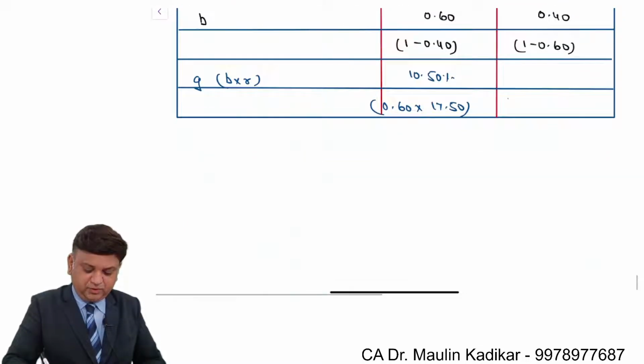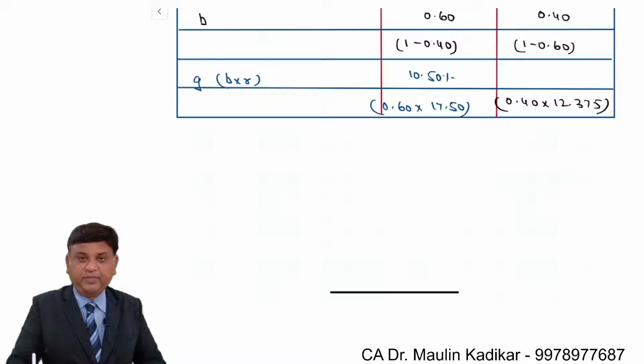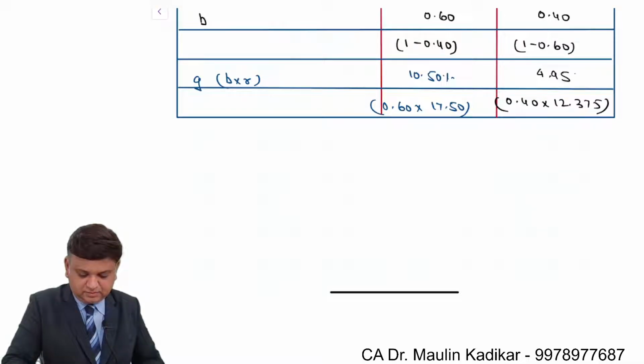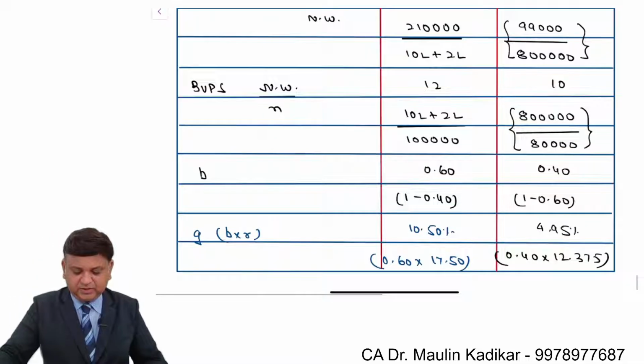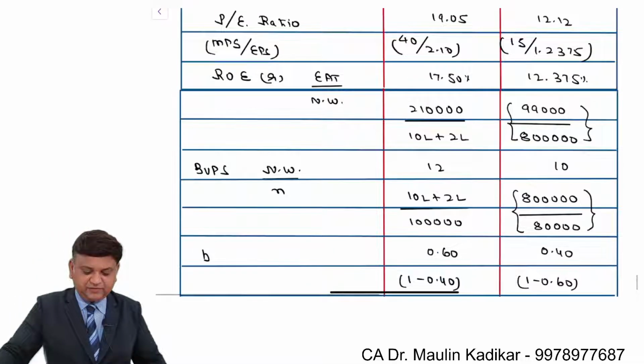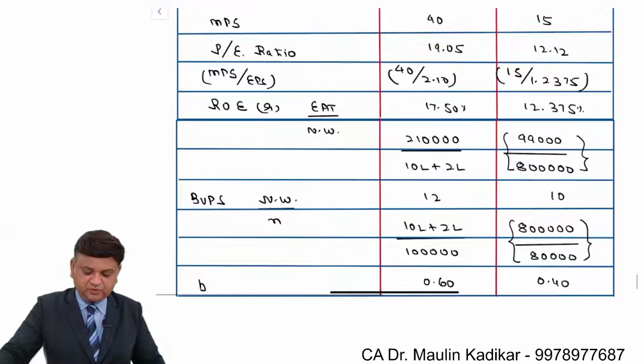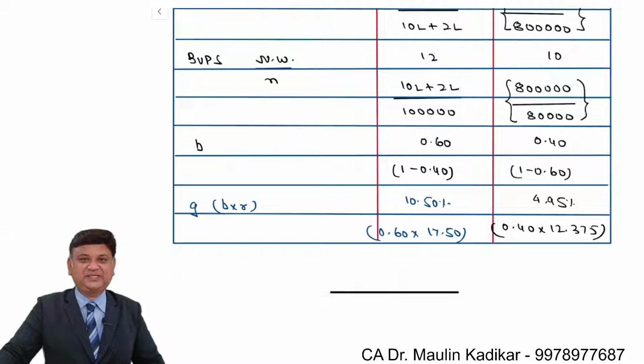Growth rate is 0.4 into 12.375. It is 4.95%. That is the way the growth rate is calculated. This is the way the first and second part of the question answer can be calculated with respect to the basic details for both the companies.